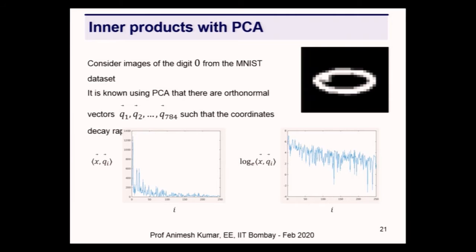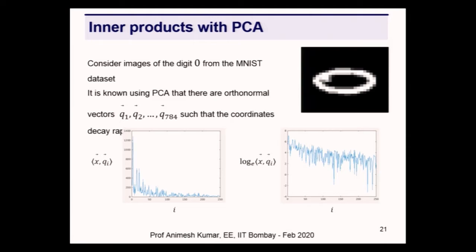But what is surprising is the following. If I look at the inner product of this image of 0, which is the x vector here, with each qi, you would see that the coordinates decrease very rapidly towards 0. This i here is the index of these basis vectors.